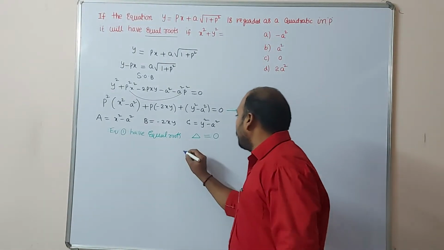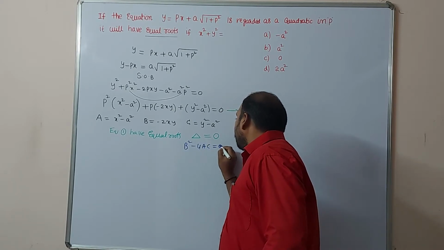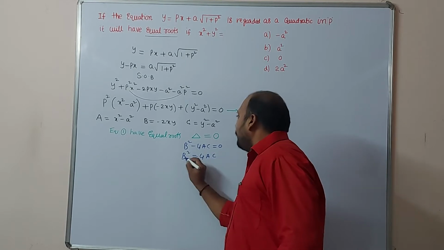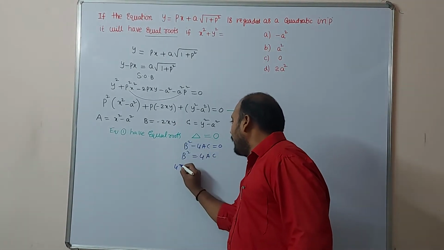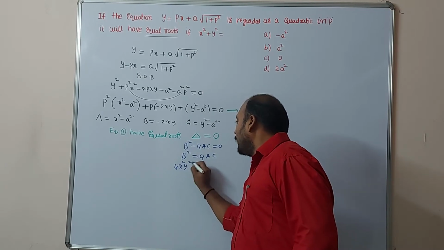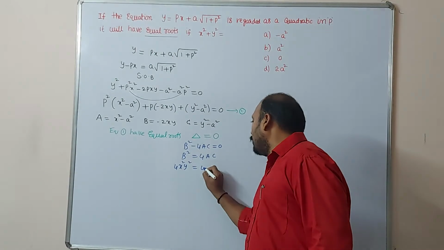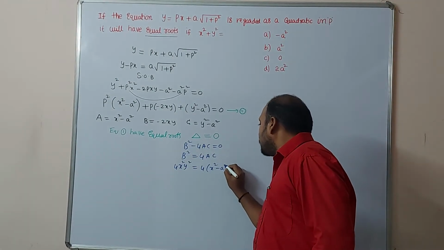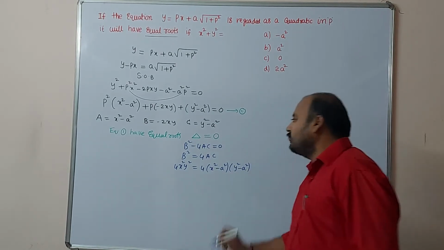Discriminant b square minus 4ac, so that implies b square is equal to 4ac. b square, this value whole square, so minus 2xy whole square, directly I am writing here, 4x square y square is equal to 4 times x square minus a square into y square minus a square.